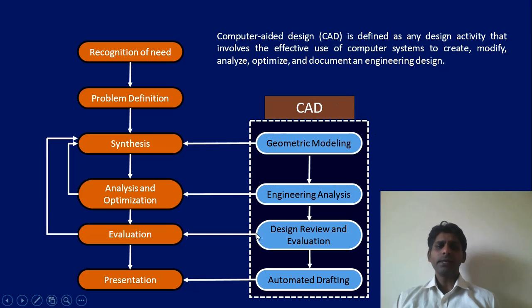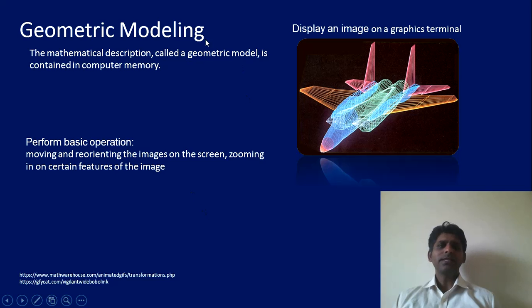In this video, we will be discussing more on these particular aspects of CAD, that is geometric modeling and analysis, design review and evaluation, and about automated drafting. So in the slides coming up, we will see more about these things. So we'll move on. In this slide, we will study a little bit about geometric modeling.